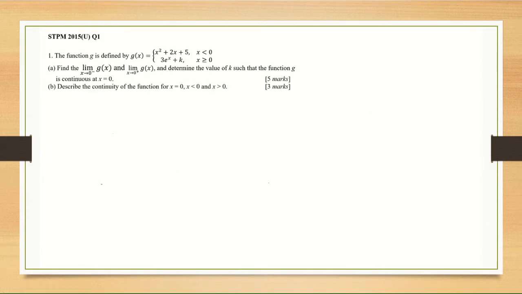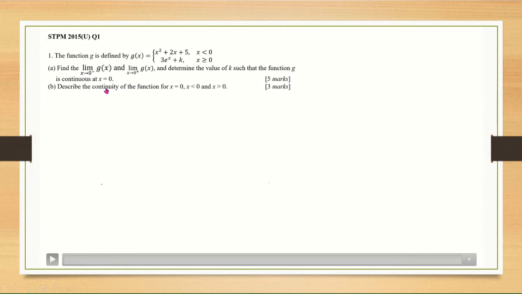Now we go to question B. In this question, you are asked to determine whether the function is continuous or not when x equals 0, when x less than 0, and when x greater than 0. So now we go one by one.